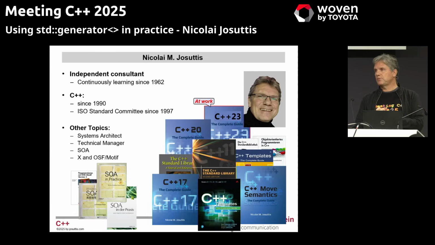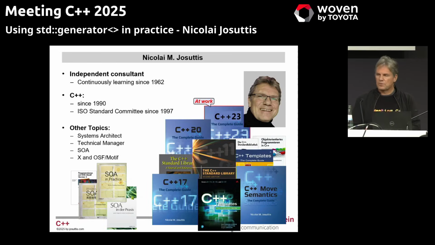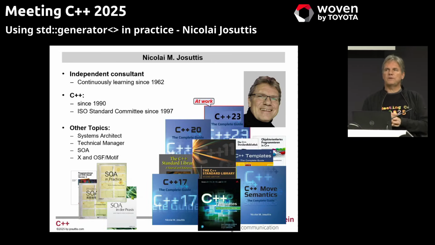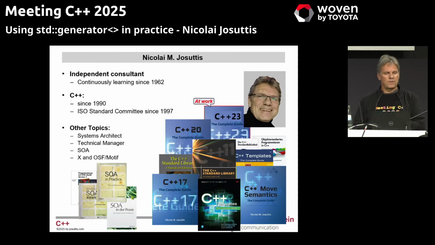Every new version, every 3 years, we have a new version. So the latest one for me, which means I'm writing about, I'm teaching it, is C++ 23. And 23 is now available good enough in different compilers so that we can use it in practice.